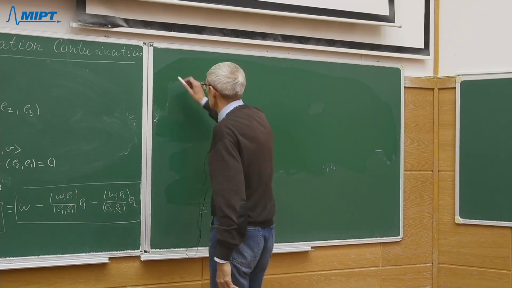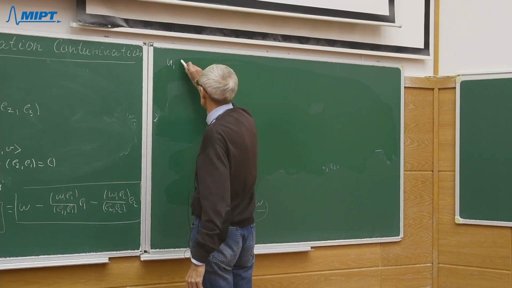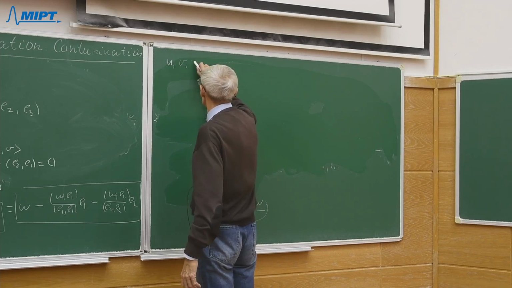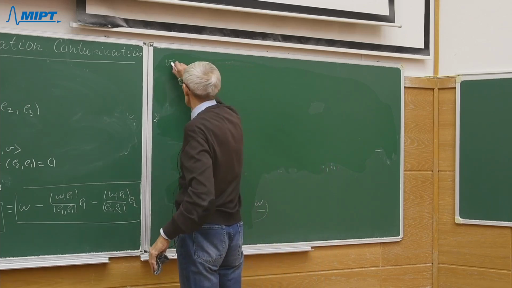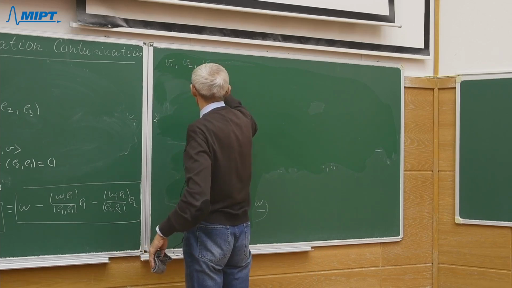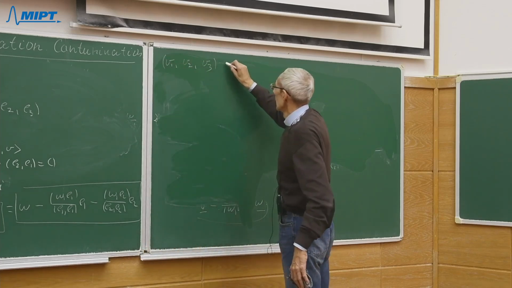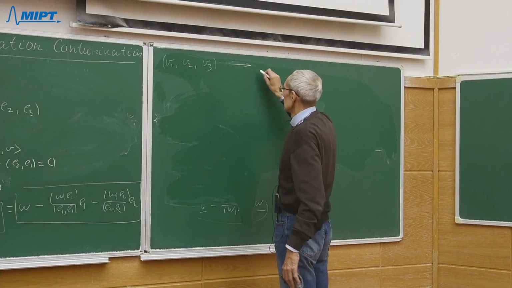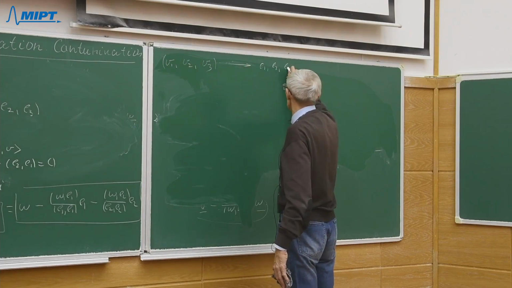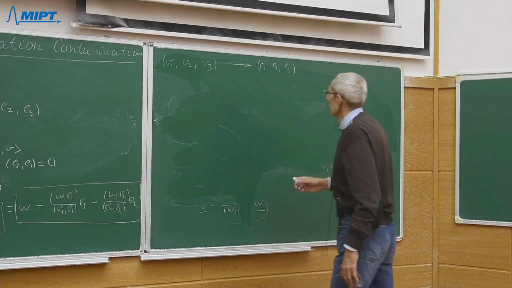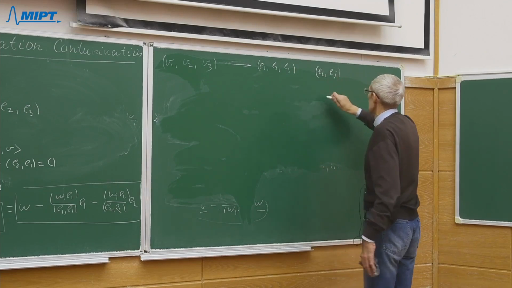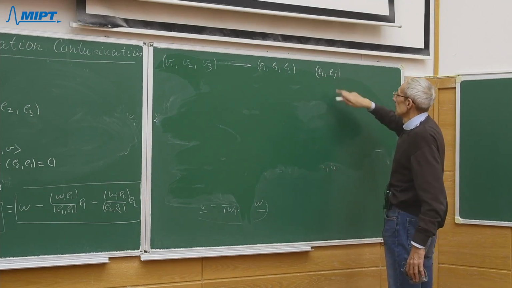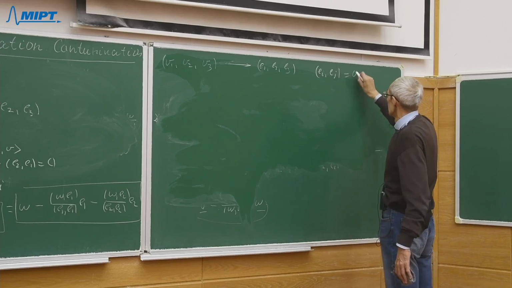We start with a system of three vectors, v1, v2, v3, and our aim is to obtain the orthogonal system e1, e2, and e3. Orthogonal means that the pairwise scalar product of different vectors of the system is equal to 0.